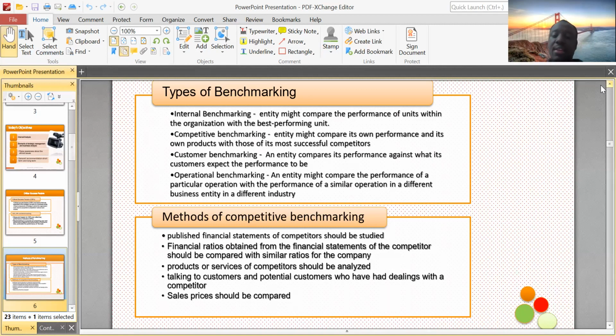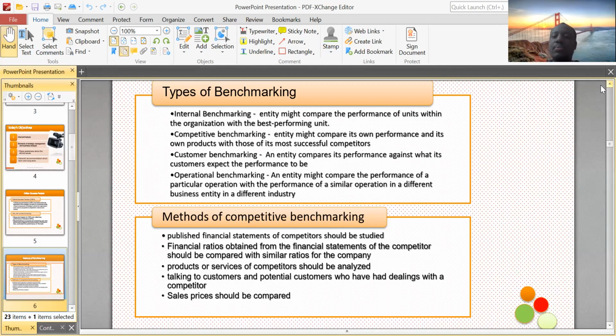So let me take it again. In operational benchmarking, an entity compares the performance of a particular operation with the performance of a similar operation in a different business entity in a different industry. So this one, it's comparing operation to operation, but the operation could be in a different industry.